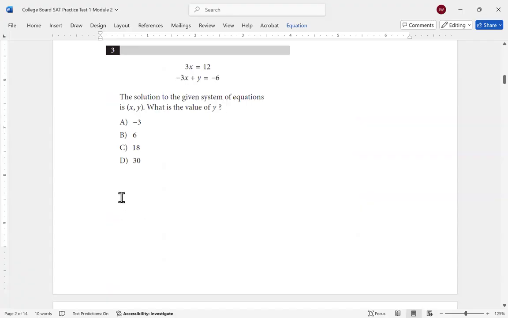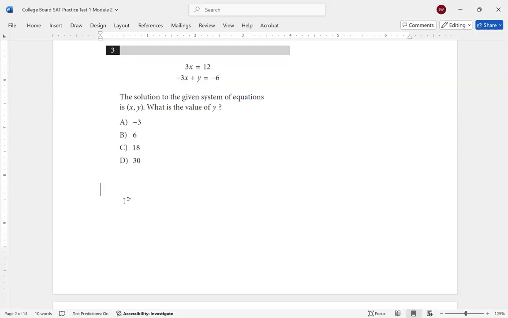For question number 3, the solution to the given system of equations is xy. What is the value of y? Now, in this system of equations, we have 3x is equal to 12 and negative 3x plus y is equal to negative 6.